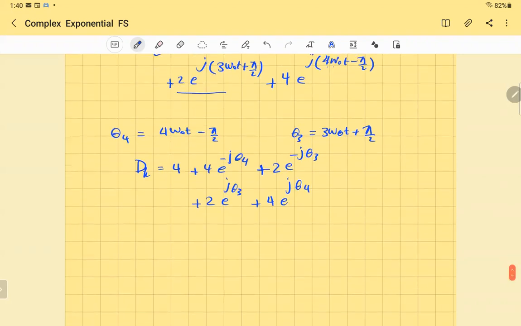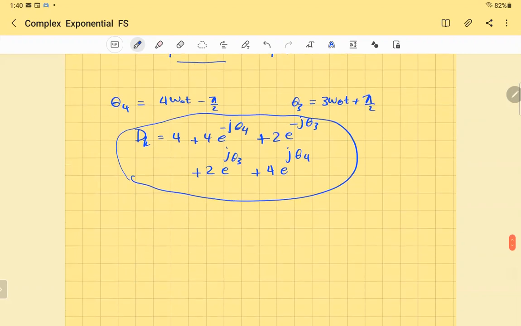Okay. Look what you have here. It's much cleaner. I can still continue to simplify. Now collect theta 4 together. You have e power minus j theta 4, you have e power j theta 4, and 4 is a common factor.